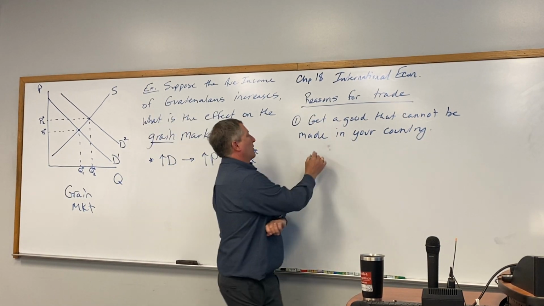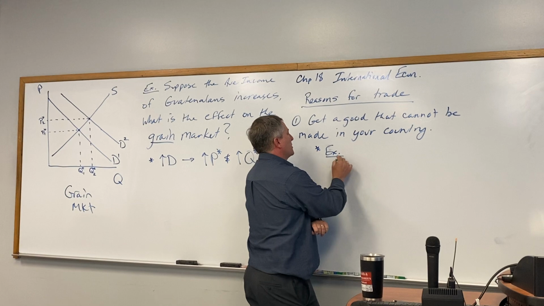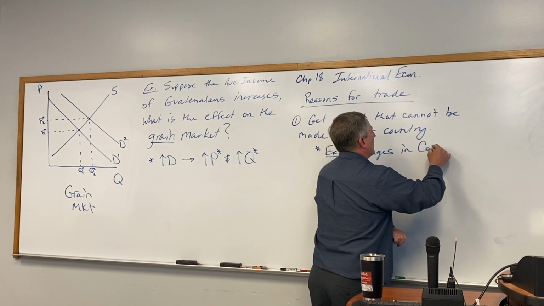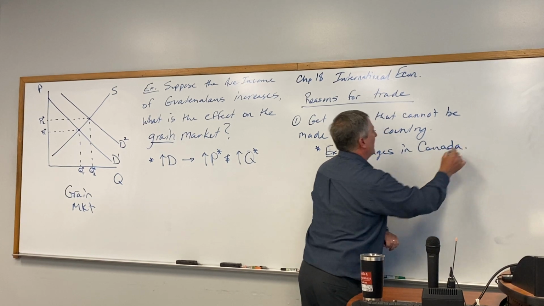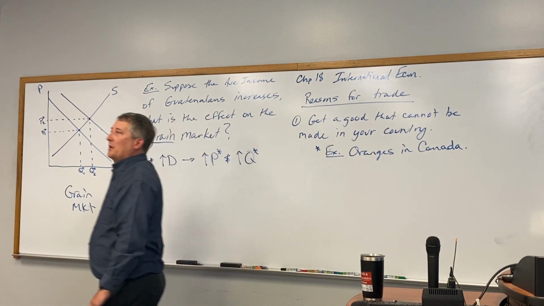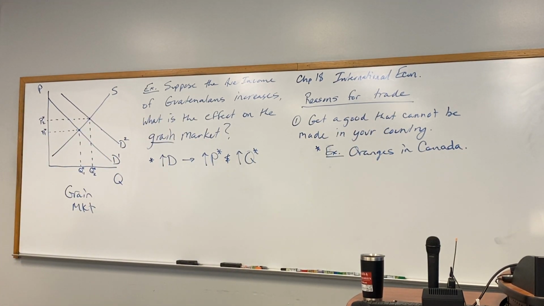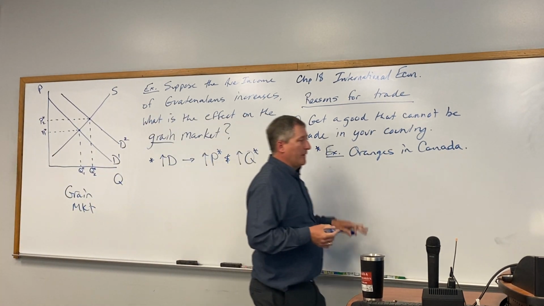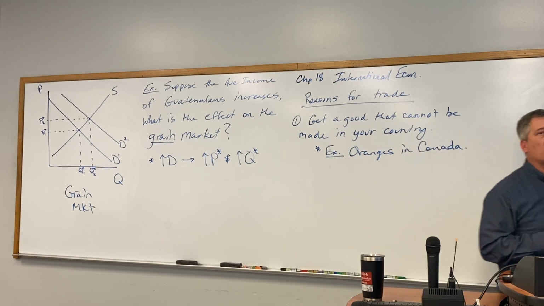So it's pretty tough to grow, for example, oranges in Canada. The Canadians up north would have some trouble growing oranges on a large scale. It's way better for them to buy oranges from other countries.